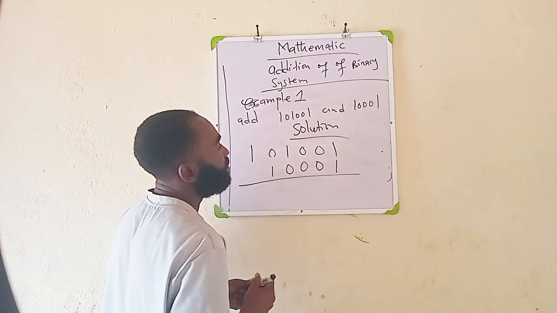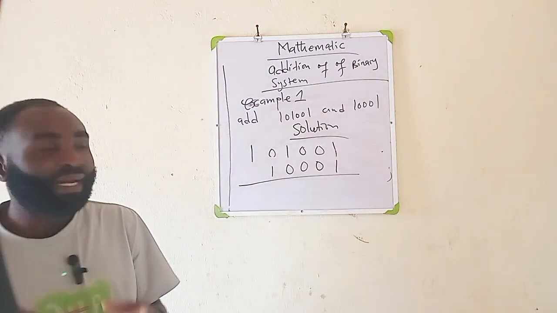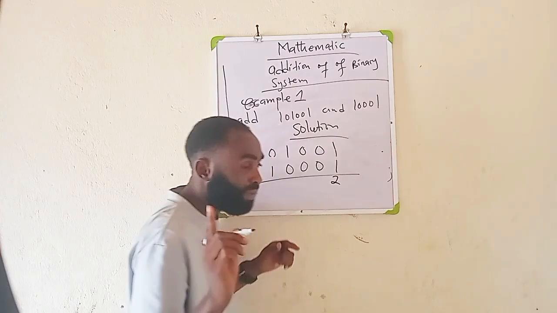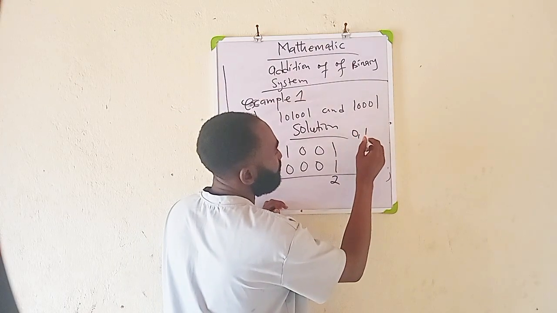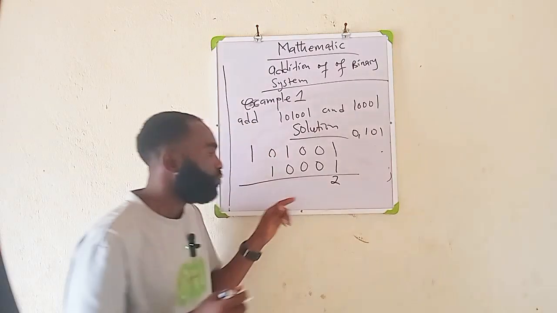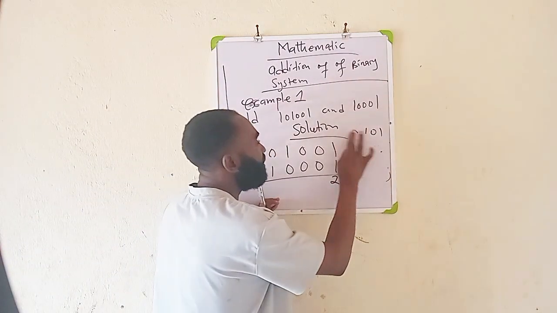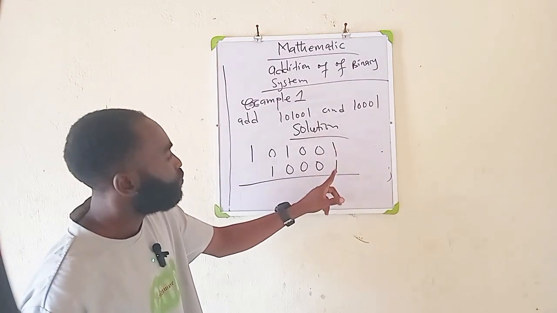Now 1 plus 1 is 2. But in binary system, you cannot write 2. Remember, we say in binary system it is only 0 and 1. So you cannot have 2 as a number in binary system. Since 1 plus 1 is 2 and we are in base 2, we are going to divide.